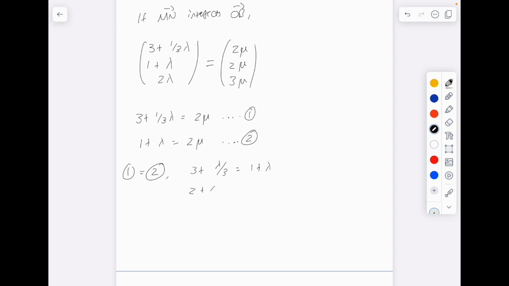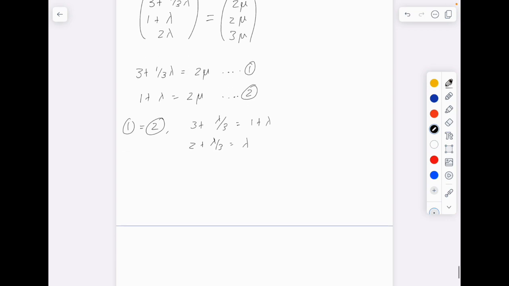So I can say 2 plus lambda over 3 is equal to lambda. So lambda minus lambda over 3, okay, so 2 over 3 lambda is equal to 2. Therefore lambda is going to equal 3, okay?